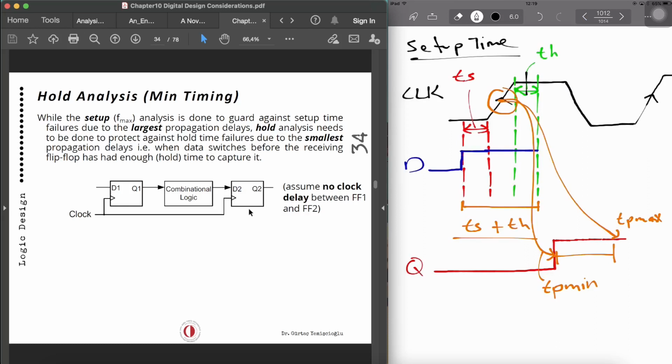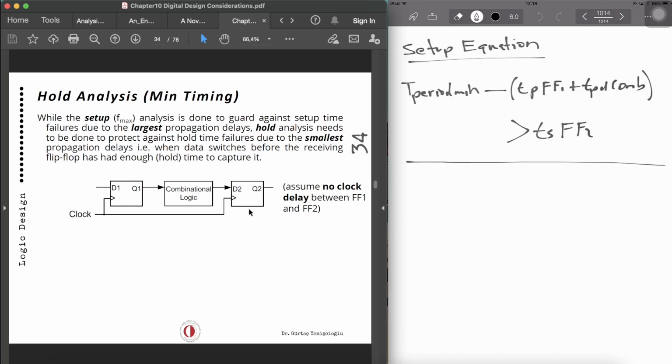When we consider the minimum worst case delays, if it is going to change or toggle before the hold time is done, then it will violate the hold time. So it will be a hold time failure. That's what we are considering. So we are considering the smallest delays, which we call minimum propagation delays. And at this point, if the input to a flip-flop changes too quickly after the rising edge of the clock, then we will have the hold time violation.